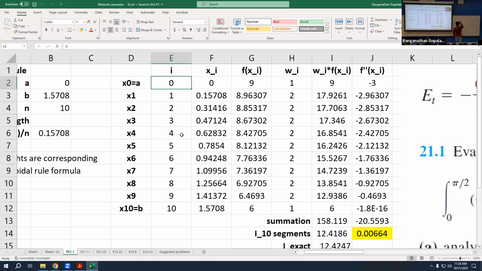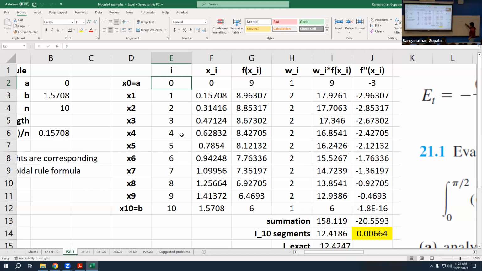I trapezoidal rule is b minus a over 2n multiplied by f of x naught plus the sum for i equal to 1 to n minus 1 of f of xi, plus f of xn. This is your trapezoidal rule formula.